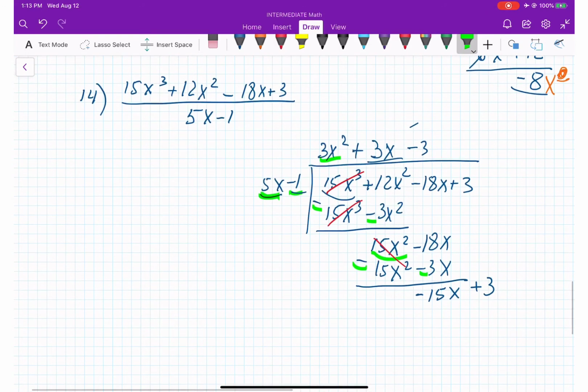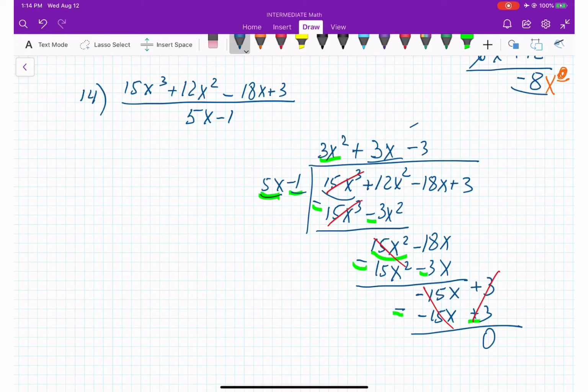So negative 3 times 5x is going to be negative 15x. And negative 3 times negative 1 is going to be positive 3. So this cancels each other with the subtraction sign, because you get negative 15x and positive 15x, it will cancel. And 3 minus 3 is gone also. And we get 0, which means there is no remainder.